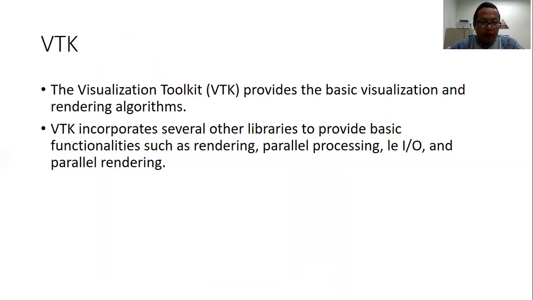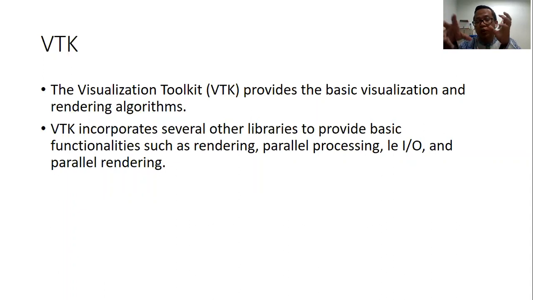Okay, VTK is also one of the tools for visualization. VTK we use for ParaView. We will try to analyze the texture of the product, object, or part in ParaView.